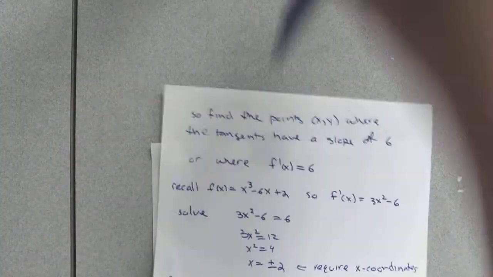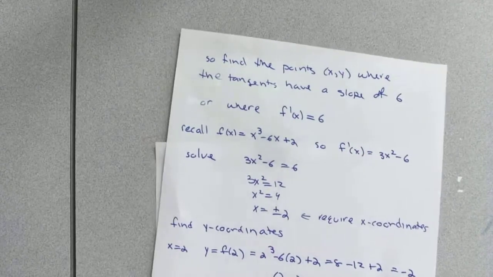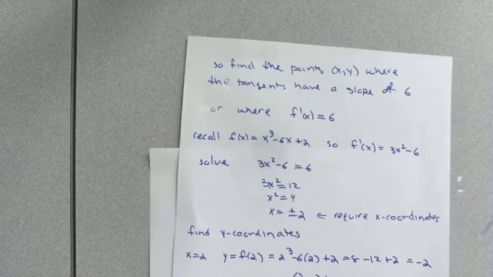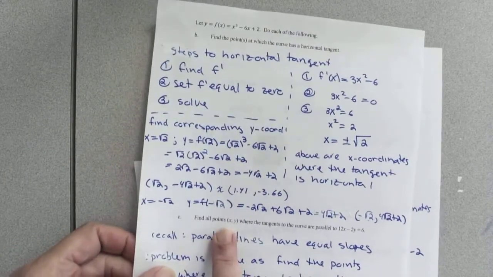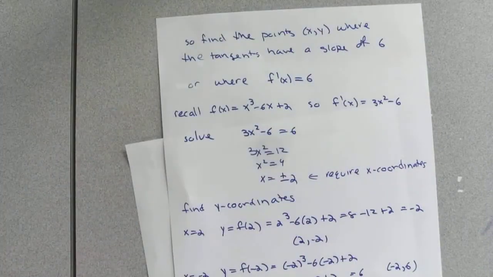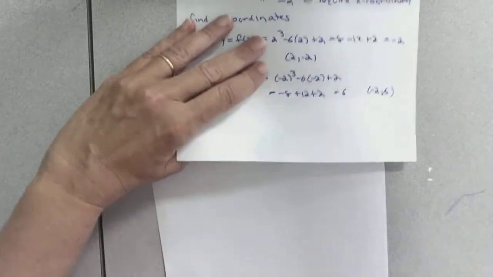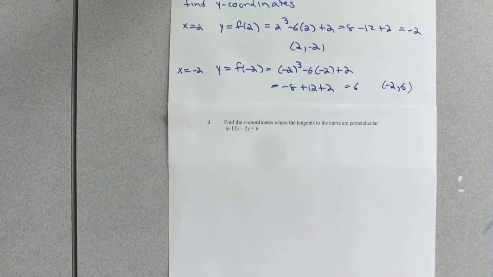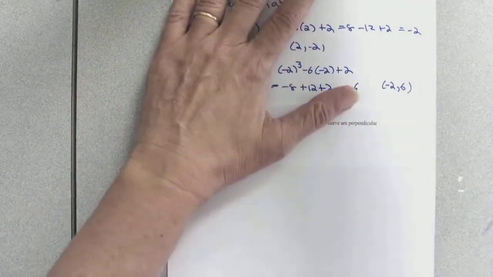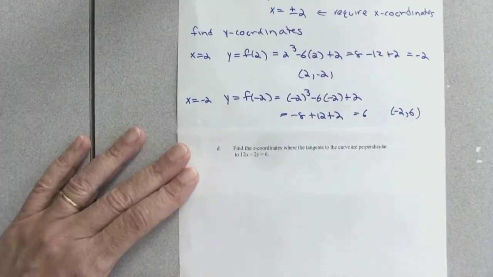On the previous problem, I did say x, y, and so then I found both the x and y coordinates. On the problem we're about to do, it just does say x-coordinates. So be sure you always read the directions and give what they want you to give.